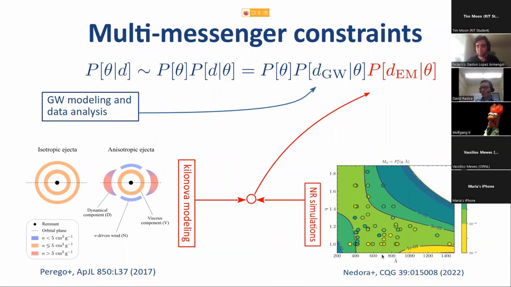After we construct these fits, we estimate their errors, and then we propagate these errors as nuisance parameters in the estimation of the likelihood.